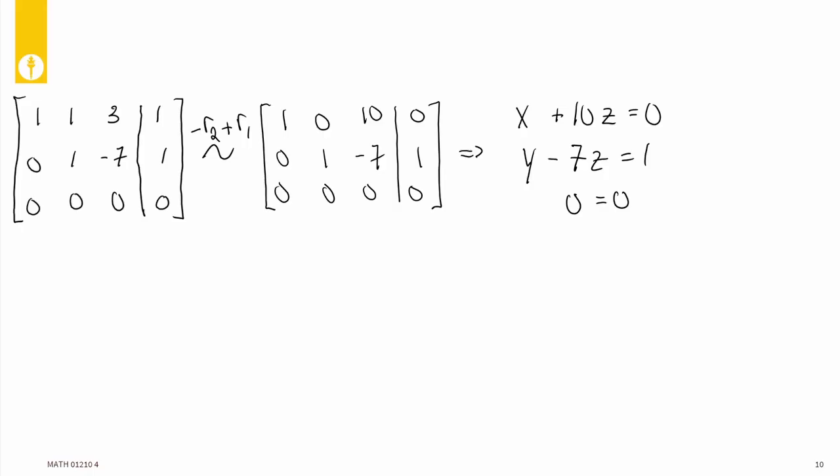From logic, who knows what that statement is called? What kind of statement is 0 equals 0? The statement that is always true. What was that called?